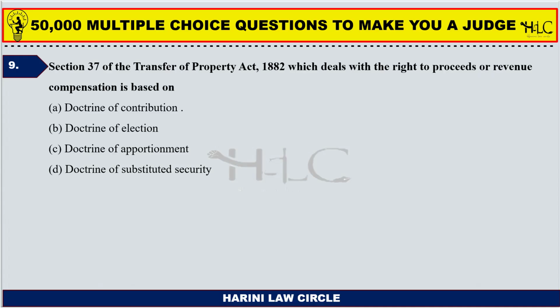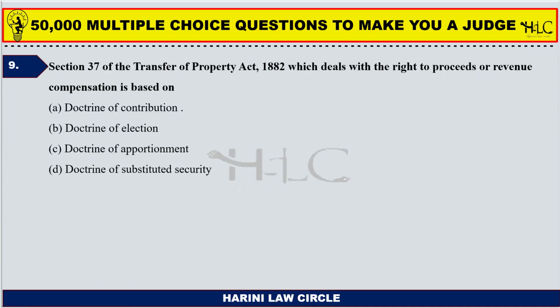The Transfer of Property Act itself is a doctrine of apportionment. But specifically, Section 37 of the TP Act deals with proceeds and compensation, right? So when I say proceeds, it relates to an amount which has been generated through something.